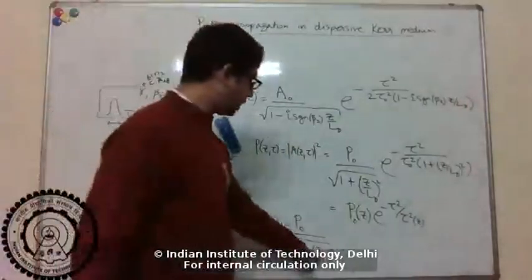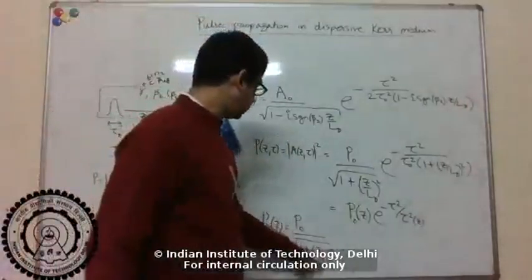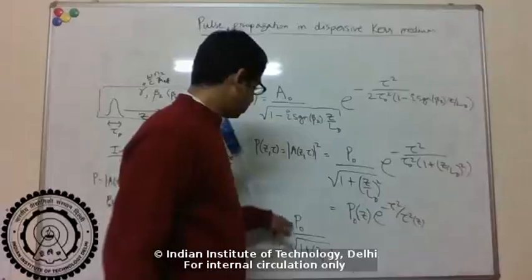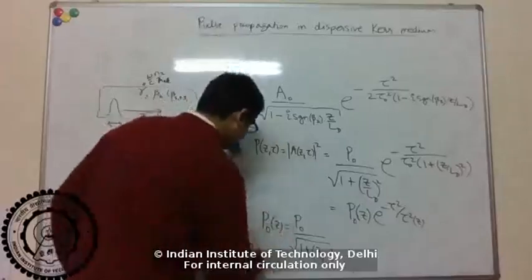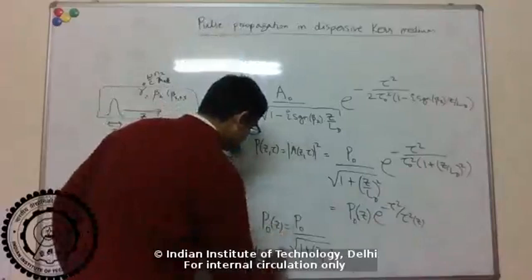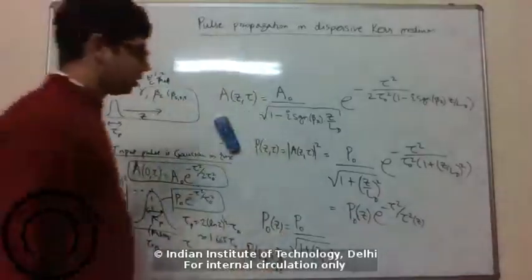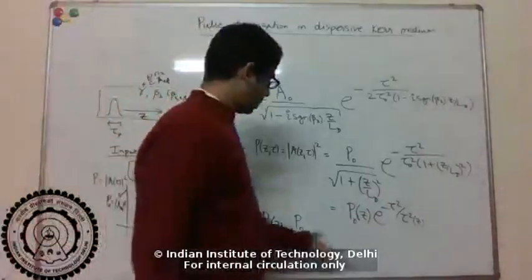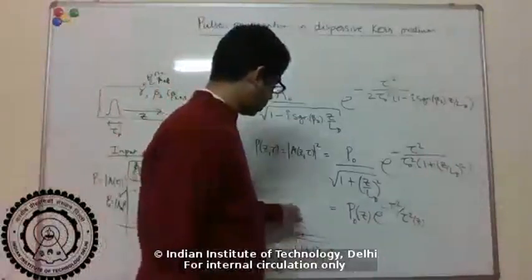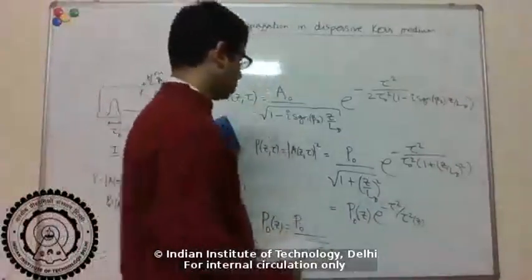So after propagating a distance Z equal to LD, the peak power goes down by a factor of square root of 2, right? And as it propagates longer and longer, the peak power keeps going down.